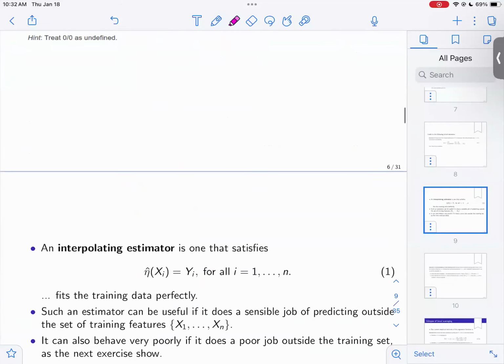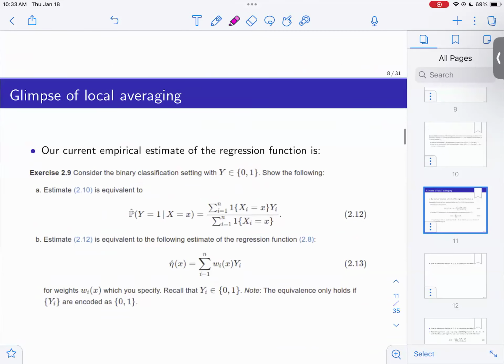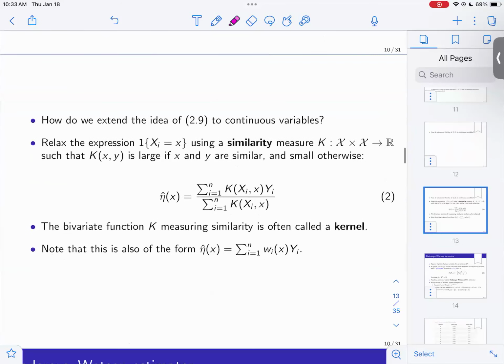So these are points. Yeah. So this is sort of the summary. You replace this guy with a similarity measure, and the way to define this similarity measure is sometimes called the kernel. The kernel has different meanings in machine learning. But the general idea is a bivariate function that measures similarity.